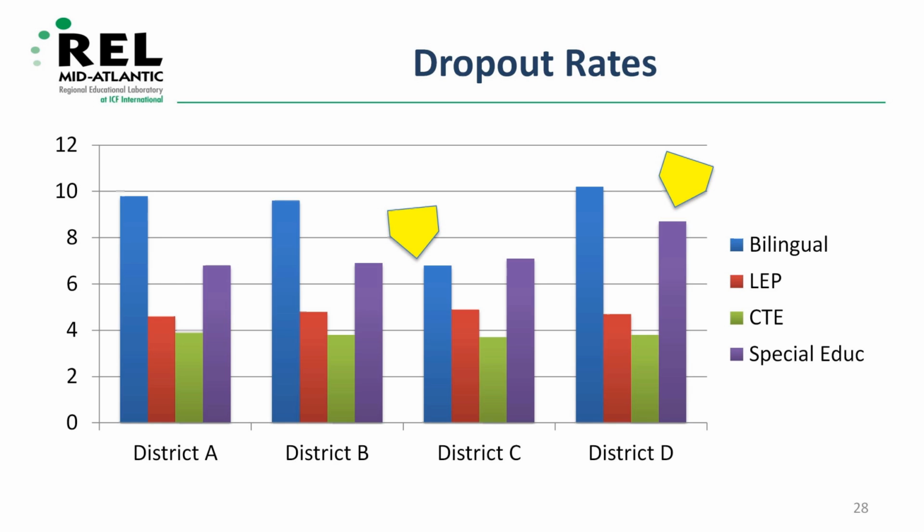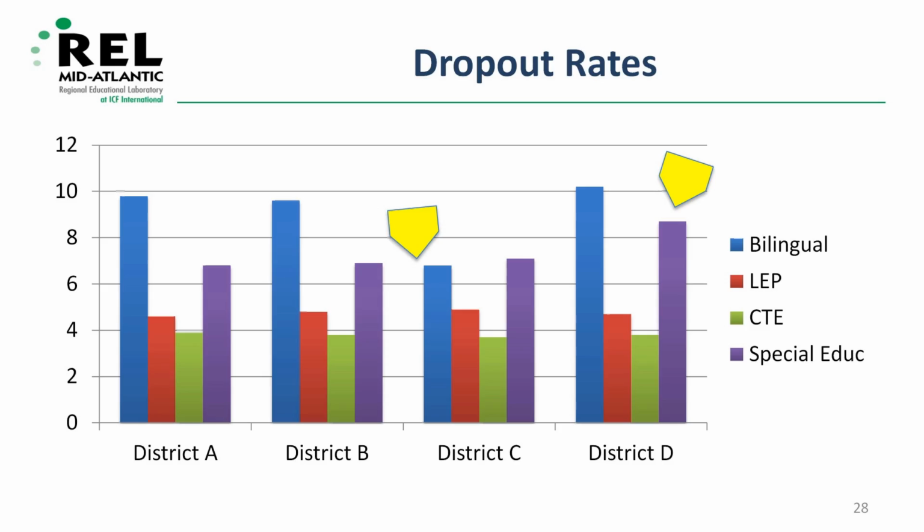Do you check, is it a data quality issue? Or do you find out what they're doing differently with that population and maybe figure out what you can do? So doing data quality checks can help both as a quality check or in running programs. And then if you look at special ed in District D, they've got a higher than average dropout rate. What's going on there?